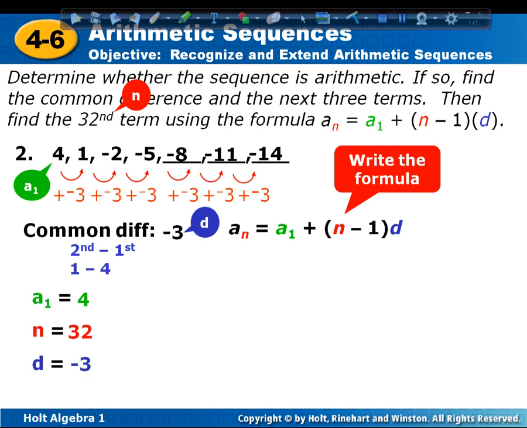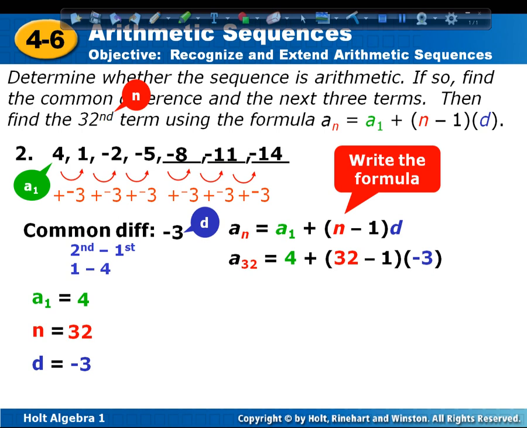Now that I have those 3 pieces of information, I'm going to plug them into my formula. A sub 32, meaning the 32nd term, equals 4 plus parentheses 32 minus 1 parentheses negative 3, because I'm going to multiply that by negative 3.